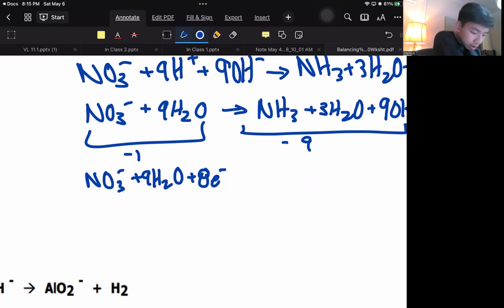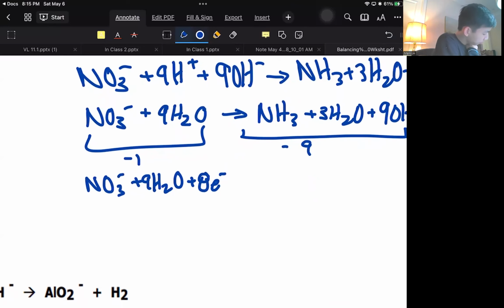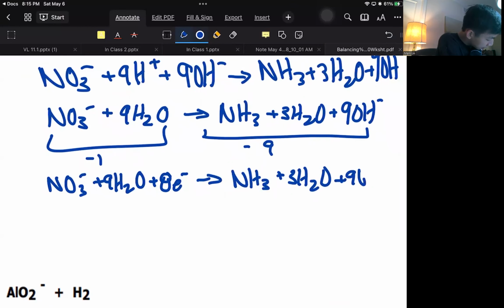Okay, that's going to go into NH3 plus 3H2O plus 9 OH minus, right? What we see here is that we can actually cancel out some of the H2Os.